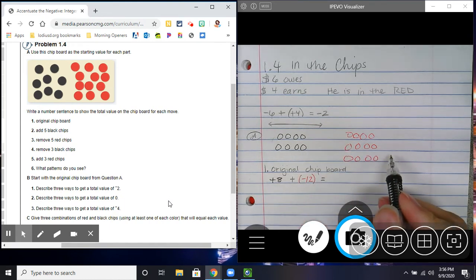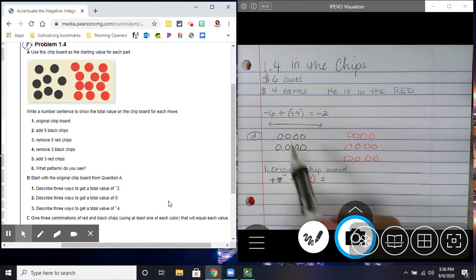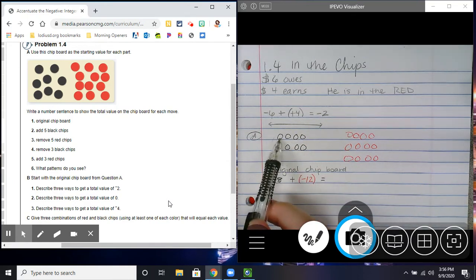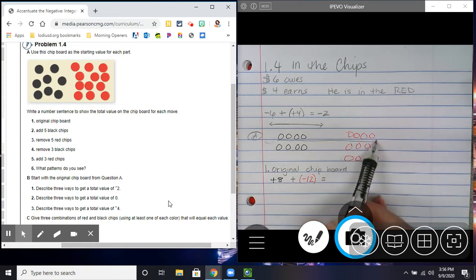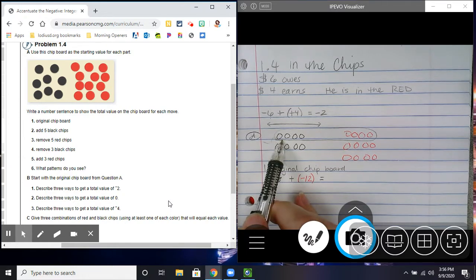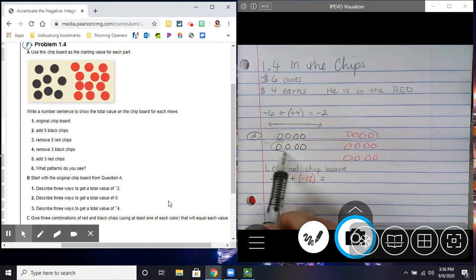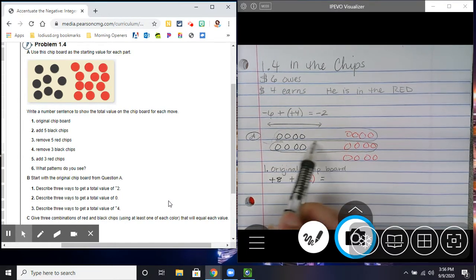So they want to know what is the situation here. You can think of this in a couple different ways. Remember with the proton, positive and negative cancel each other out because they're opposites. So you have a set of opposites right here and another one right here.